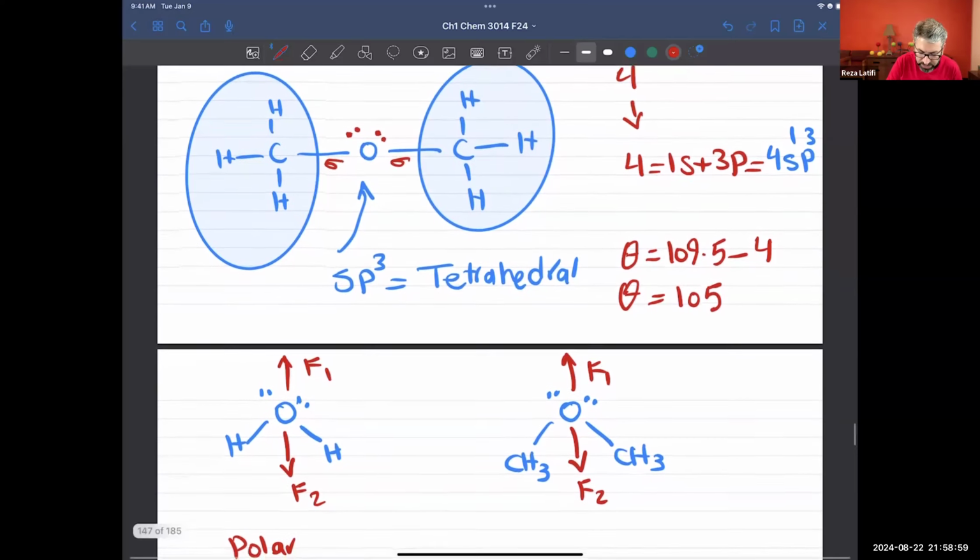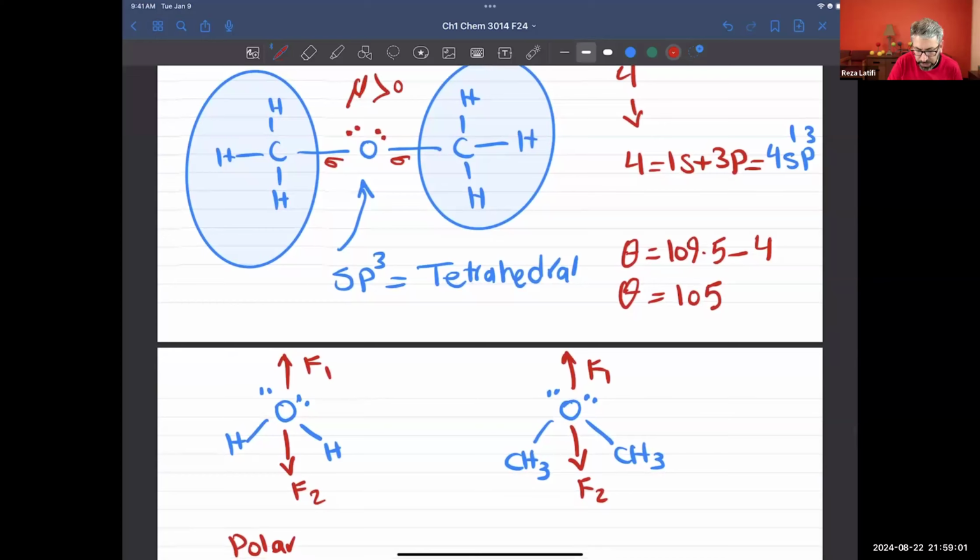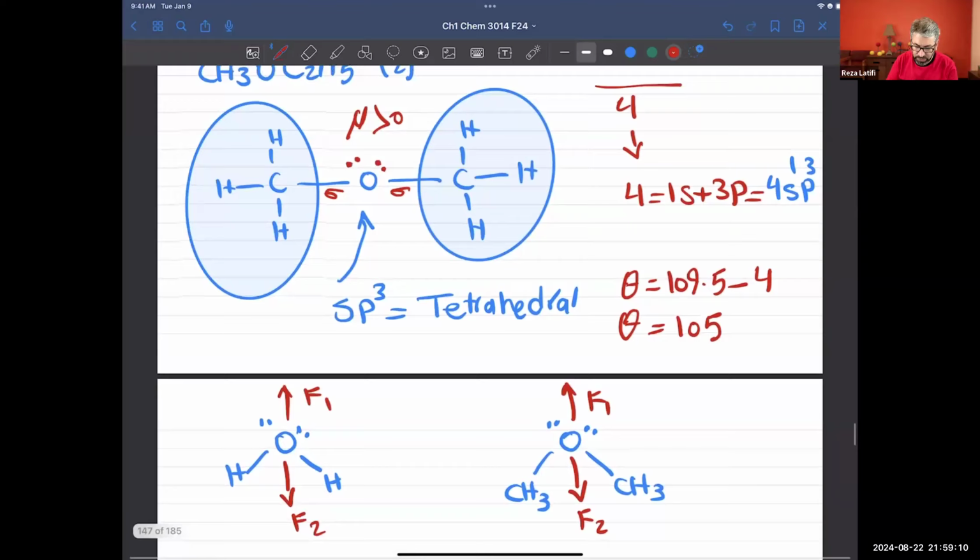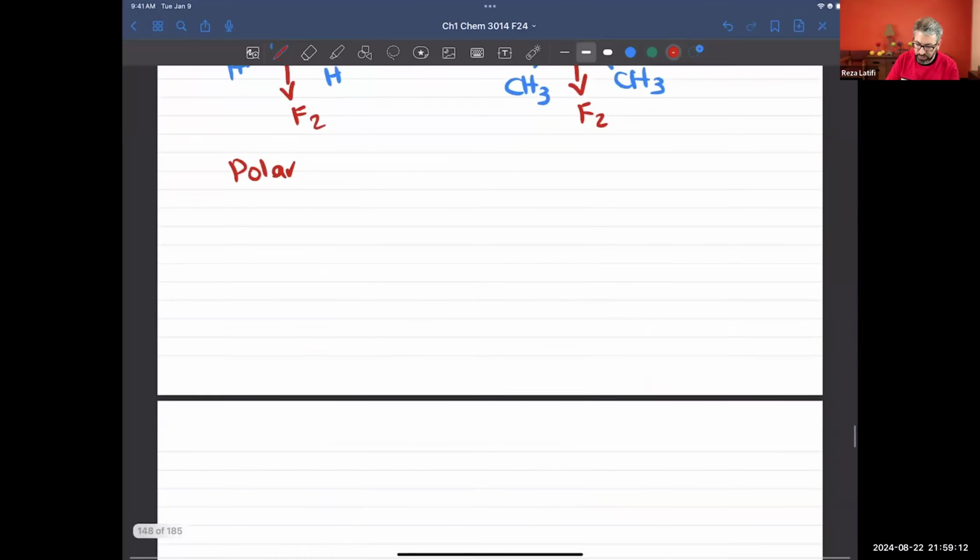So in this case, mu is going to be bigger than 0. Yes, they are identical. I have 2 identical groups attached to oxygen, but I do have lone pairs. Now, what will happen if I change it to CH3, then oxygen, and so on?